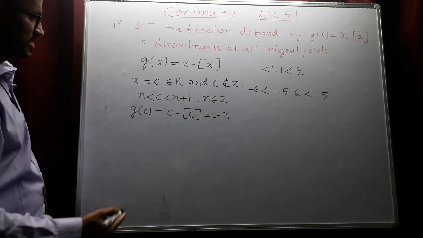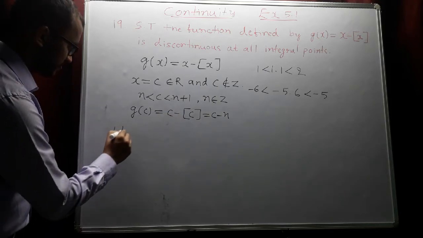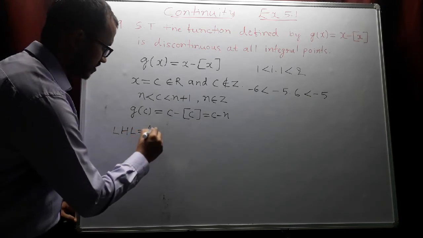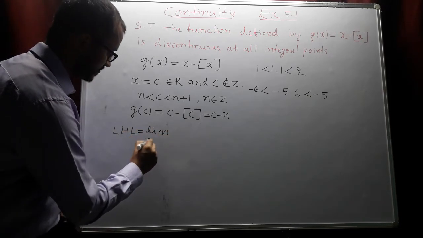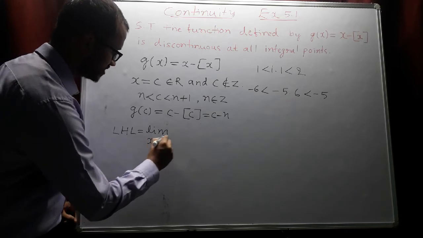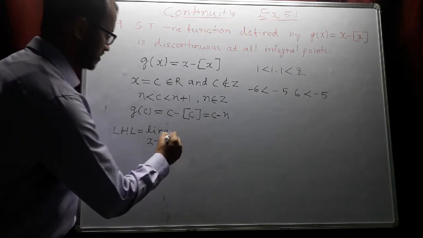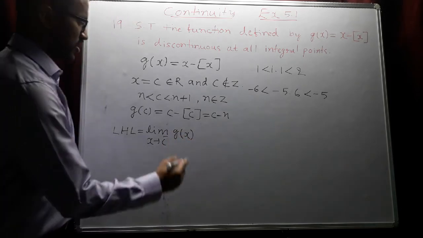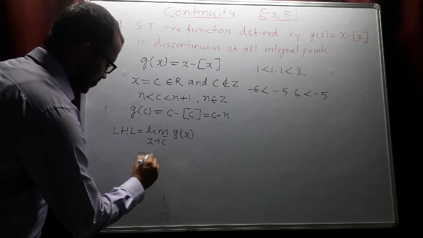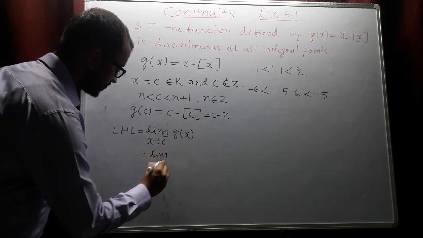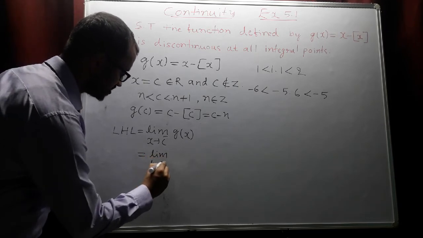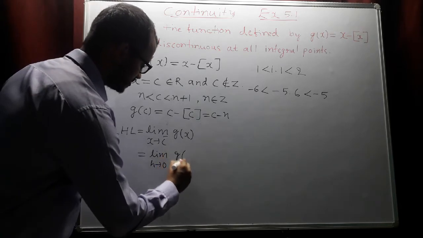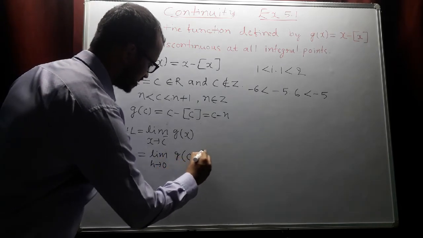Again consider the left hand limit. The left hand limit is equal to limit x tends to c minus of g of x, or that is equal to limit h tends to 0 of g of c minus h.